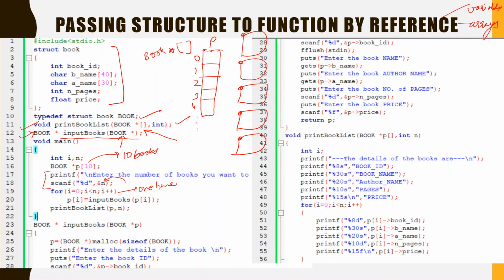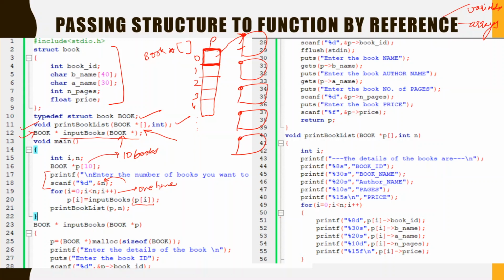Each place in this particular array of book pointers is going to hold an address to a particular structure variable. And as soon as some address is allocated to this block, the base address needs to be pointed to by this particular variable.